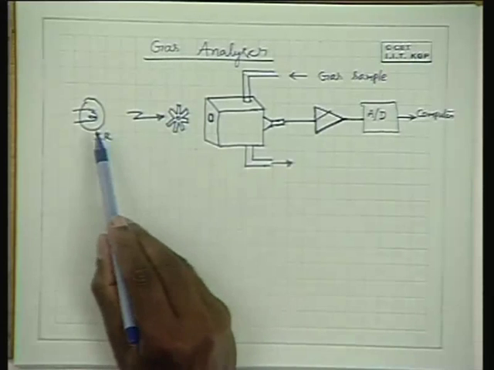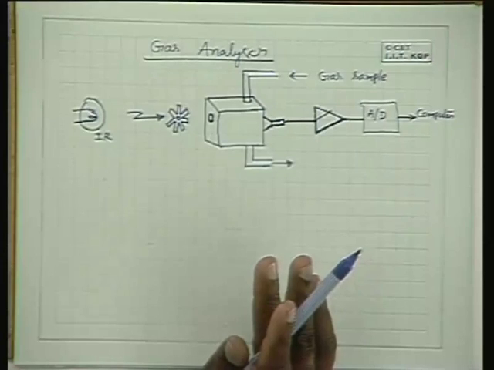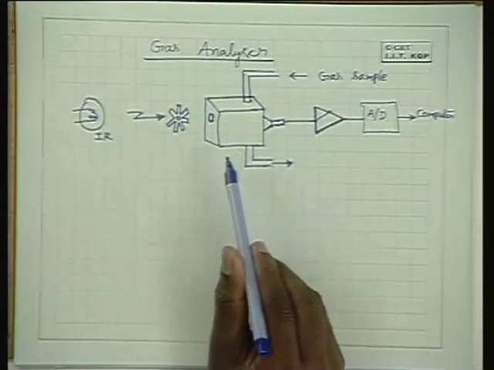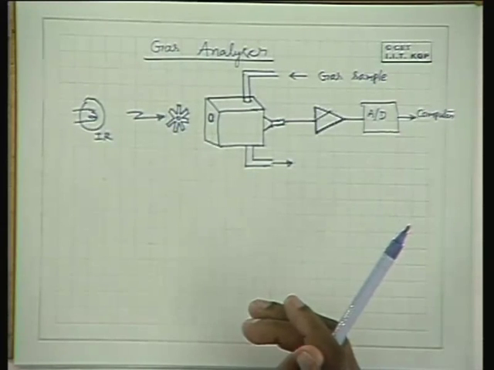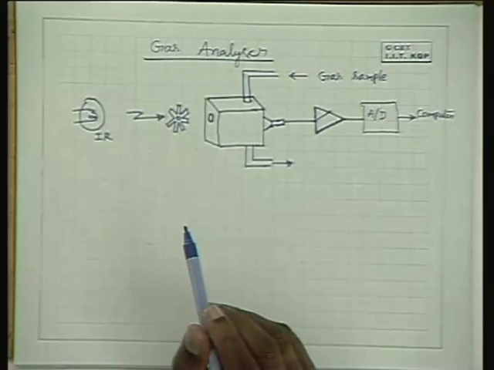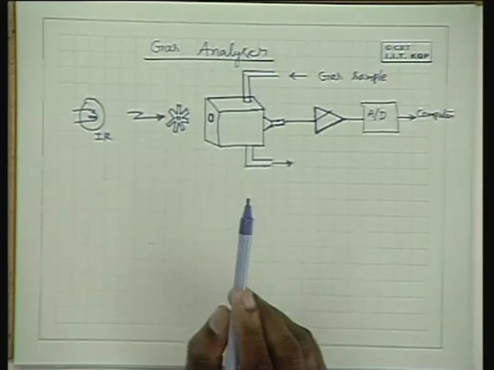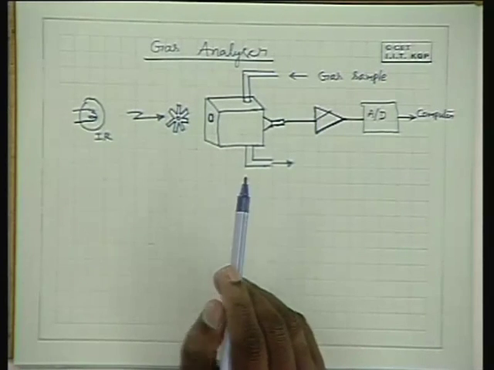That means the infrared goes into the chamber in pulses. So, when the infrared goes, depending on the kind of gas that is present inside, it absorbs that particular infrared wavelength. Okay. So, this is the key point here in the detection of the gases.